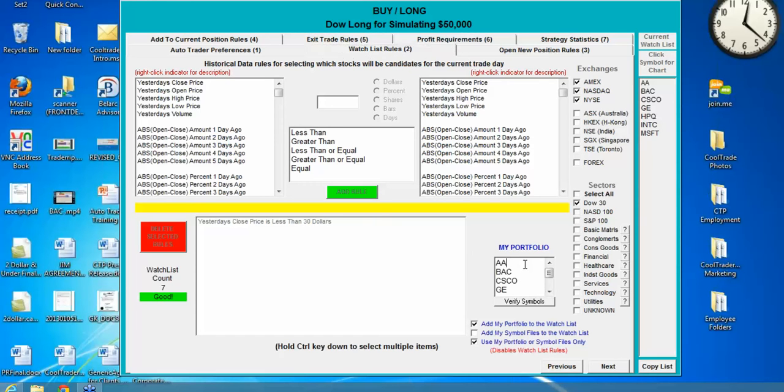On this one, it's just trading stocks Alcoa, Bank of America, Cisco, GE, Hewlett-Packard, Intel, and Microsoft. Once those have been input in there, we click Verify Symbol, and they show up over here on the right. So these are the ones that the robotic trader is focusing on. These are the only ones that it's going to trade. So that's 7 stocks total that it has.